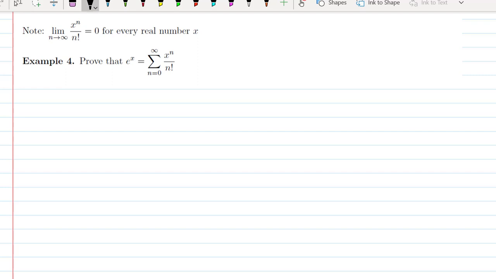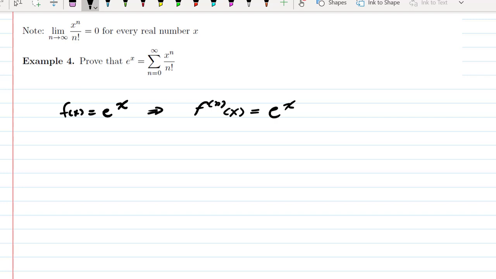So we have that f of x is equal to e to the x. Well, this one is fortunate because the nth derivative of e to the x is easy to take, because the derivative of e to the x is always e to the x. So we know then that the nth derivative will always be e to the x.